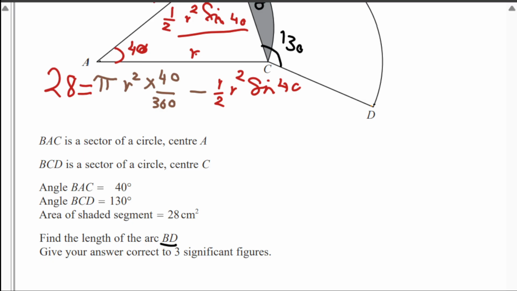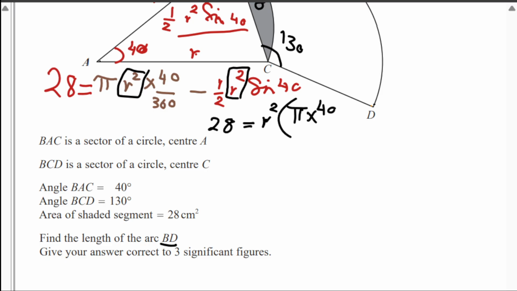Now what I will do is I'll take r squared as a common factor. So keep the 28, put r squared here, and everything else inside. So I'll do pi times 40 over 360 minus, here I will have half sine 40, right?